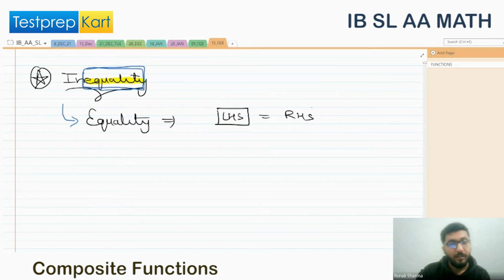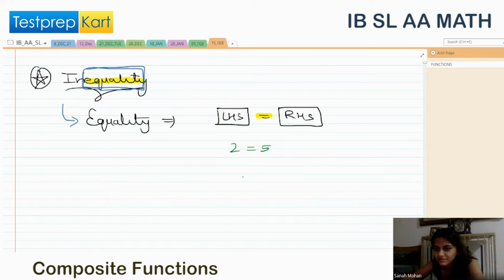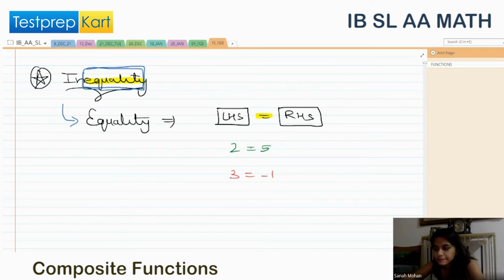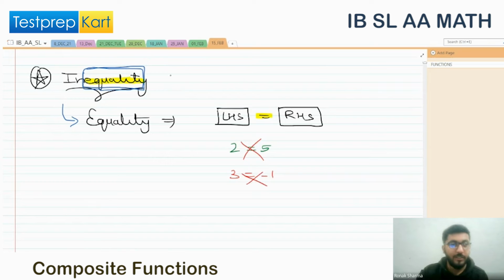Then I can put the equality sign. Can I write 2 equal to 5? No. Can I write 3 equal to minus 1? No. That is wrong because they are not equal to each other. So equality is that thing.